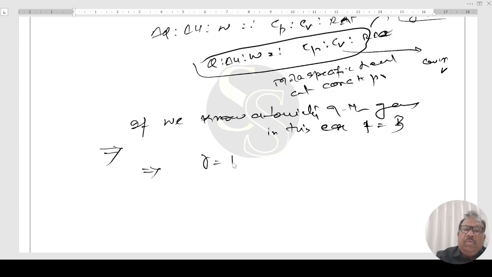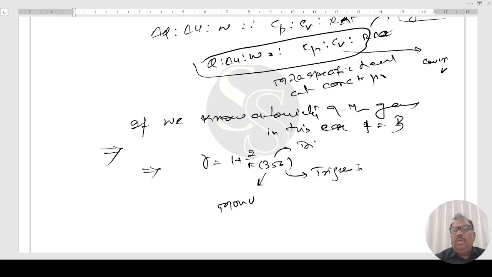Gamma equal to 1 plus 2 by F, where F is the degree of freedom. It is 3 for monoatomic, 5 for diatomic, and 6 for triatomic in general. This is the specific heat ratio.